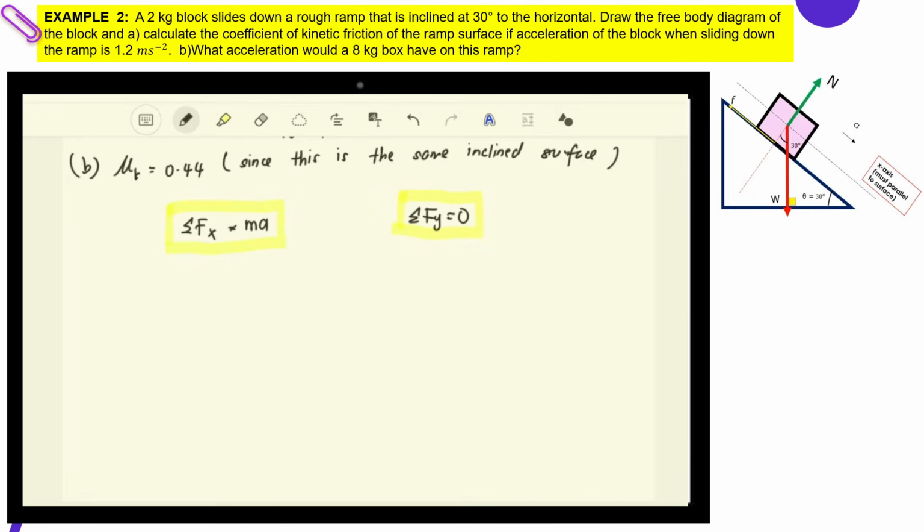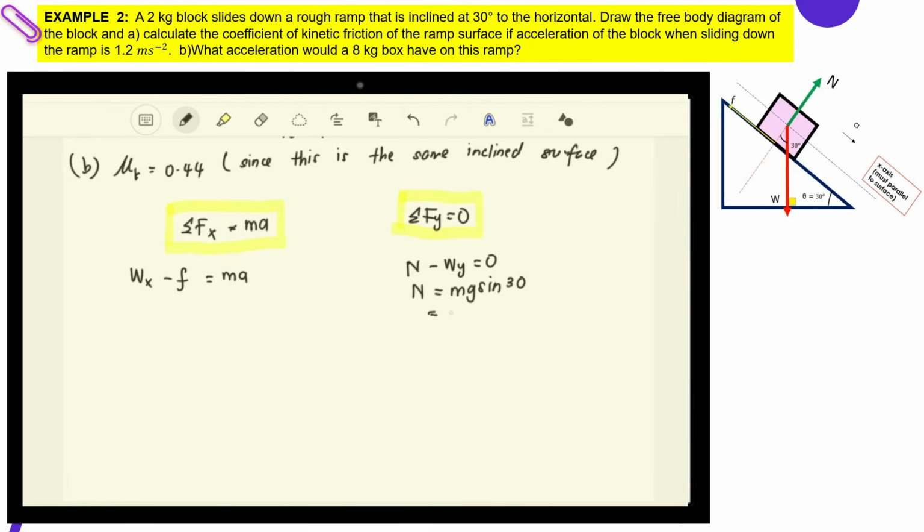Now look at the free body diagram just now. We have Wx minus friction is equal to ma, and n minus Wy is equal to 0, so n is equal to mg cos 30. The angle pun still sama because the object is still on the same inclined surface.